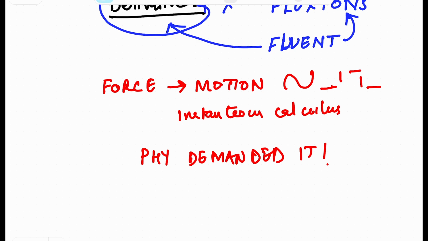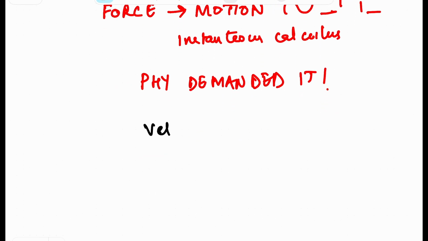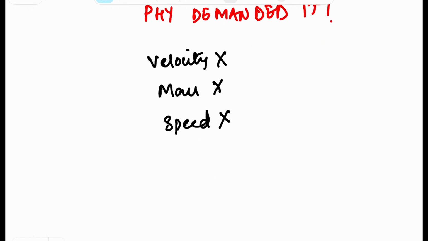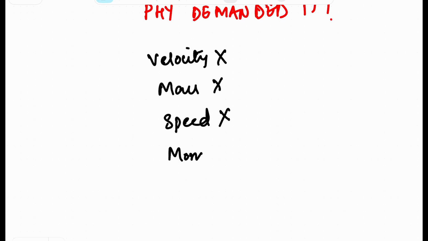We didn't begin with an equation, we began with observations. We observed velocity, it failed. We observed mass, that also failed. We observed speed, that too failed. But momentum survived.